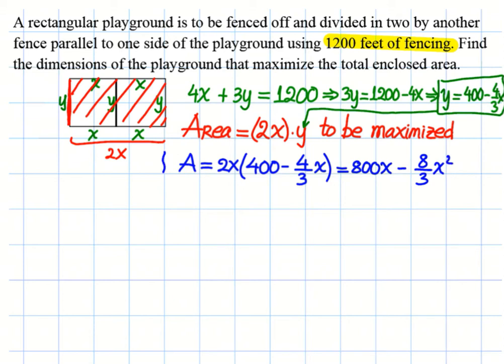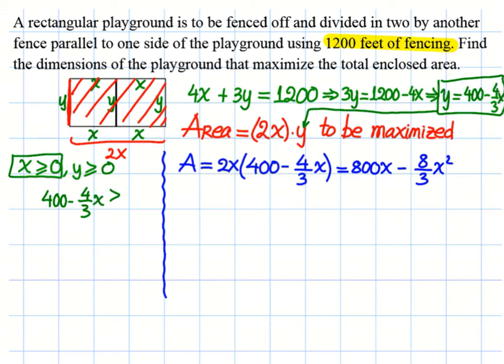Next, we need the boundary, the condition for x. X and y are measurements, so they cannot be negative. So x is greater than or equal to 0, and y is greater than or equal to 0. Since everything is in terms of x, y equals 400 minus 4 over 3x has to be greater than or equal to 0 as well.